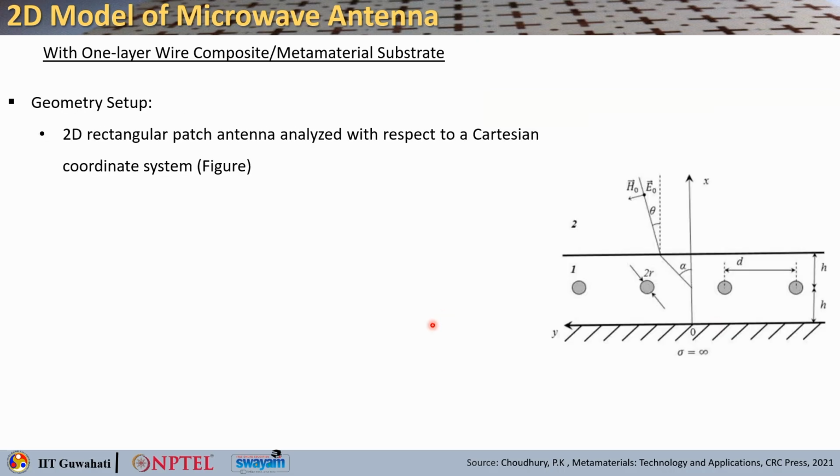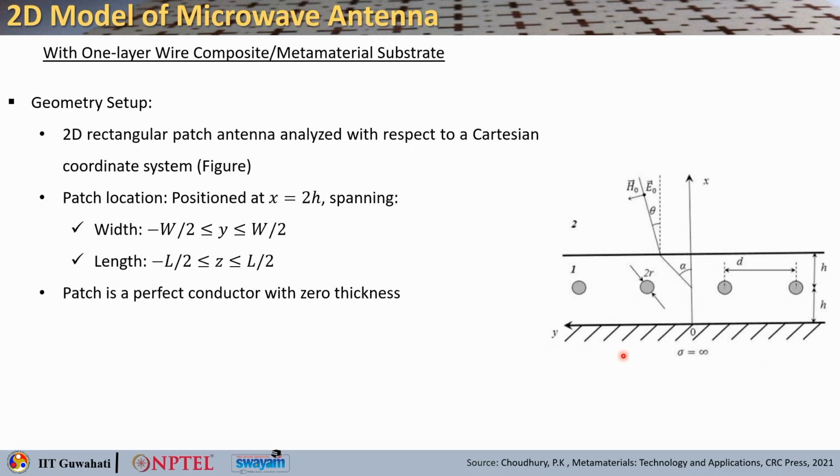So consider this 2D geometry of the rectangular patch antenna, which has a composite substrate, and currently we are showing it in the Cartesian coordinate system. The patch is positioned here. This is the ground that has been marked, so you have this metal ground plane here. From 0 to 2h is the height of the substrate.